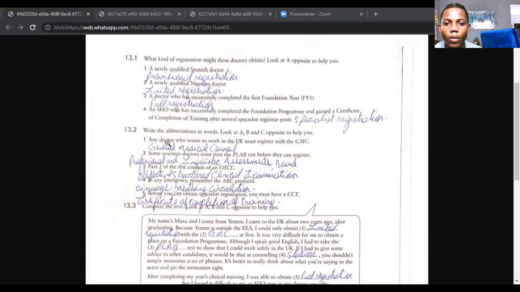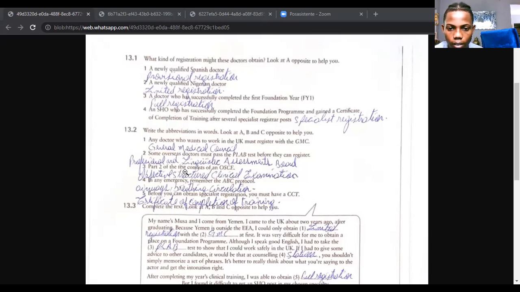Write the abbreviations in words. Any doctor who wants to work in the UK must register with the GMC, General Medical Council. Some overseas doctors must pass the PLAB test before they can register: Professional and Linguistic Assessments Board.